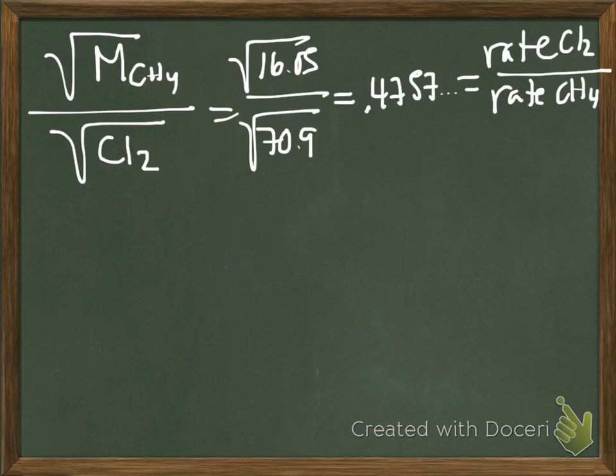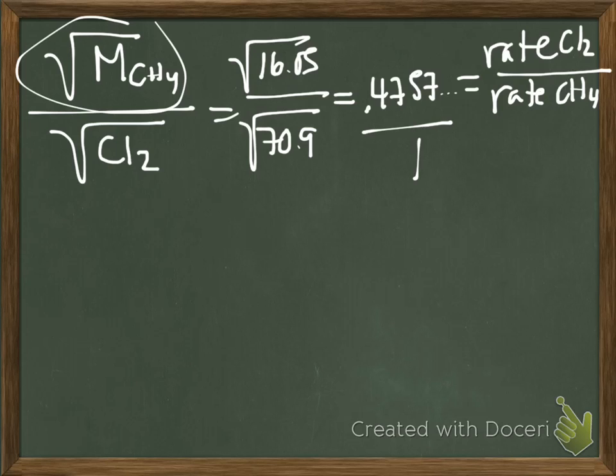Okay. So the question always comes up, well, it's random which one you put on top and which one you put on bottom. What if I had put the lighter one up top and then I get this number, 0.4757, instead of the 2.1 that I had? Well, we can put a 1 under it again.